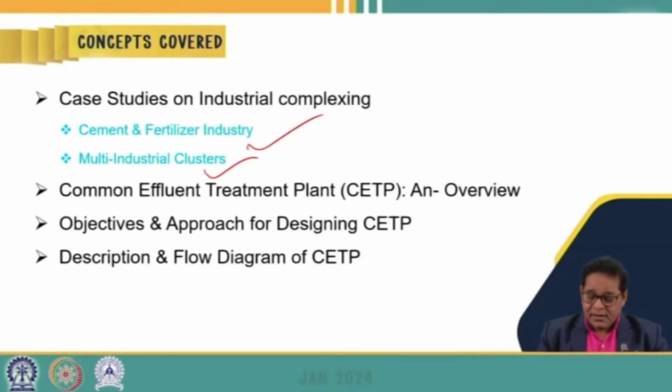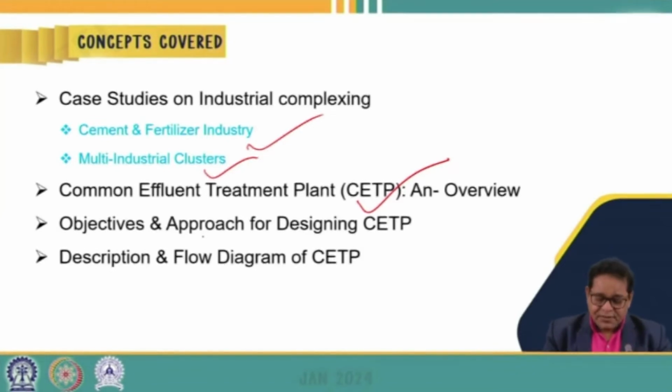And then we will be looking at the wastewater generated from different industries and how to go for a common effluent treatment plant system to overall reduce the cost of the treatment, as well as a lot of other benefits associated with the design of a common effluent treatment plant for a cluster of industries.